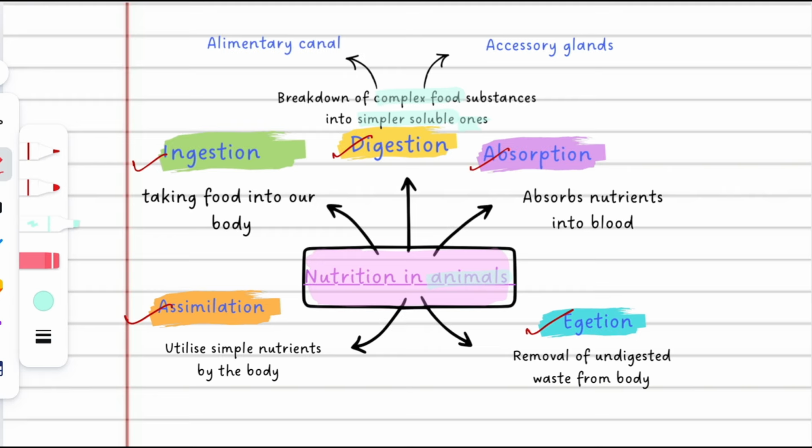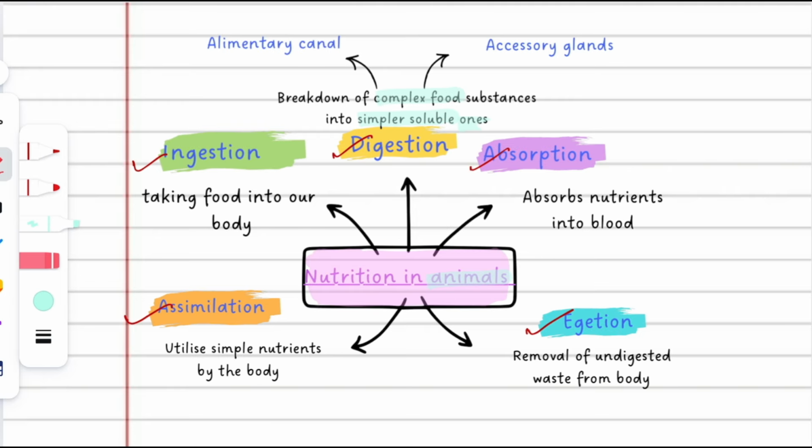Lots of nutrients are present, but they are present in a complex manner, a manner that an organism cannot utilize in their body as it is. So we have to break down those complex nutrients into simple soluble ones so that we can utilize the food and get the energy.